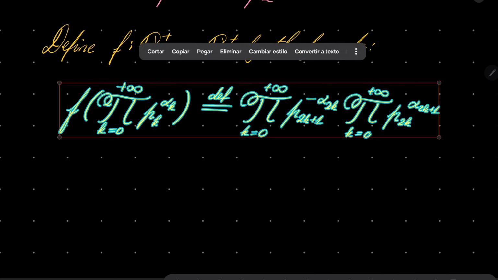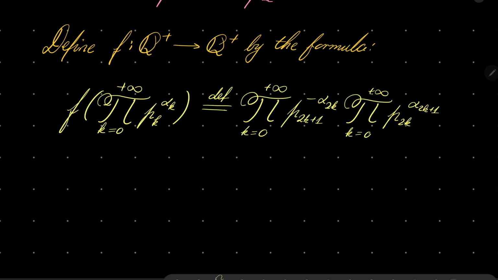Alright. And also, the empty product is just 1, so 1 is mapped to 1.